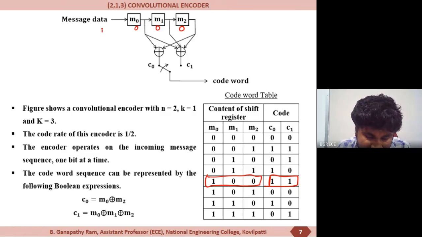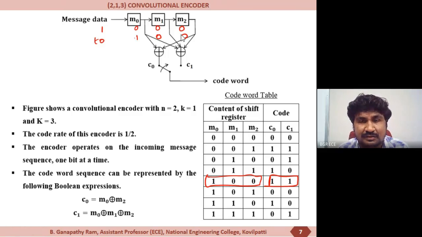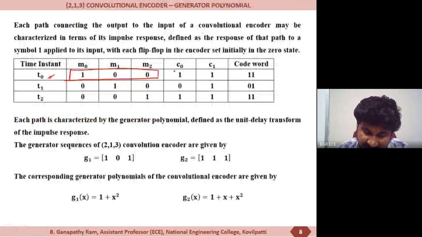So a 1 is applied at time t0, and the content will be shifted in such a way that it will be 1 0 0. For 1 0 0, the corresponding code word is 1 1, as mentioned here.